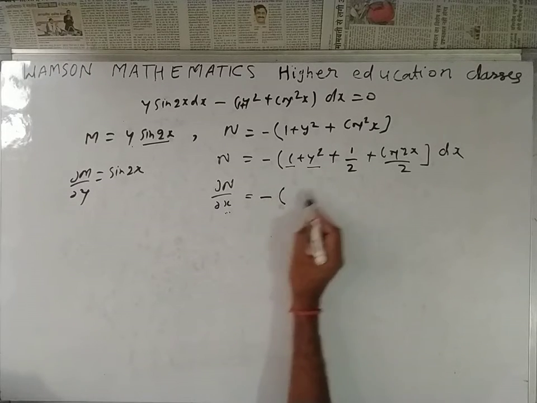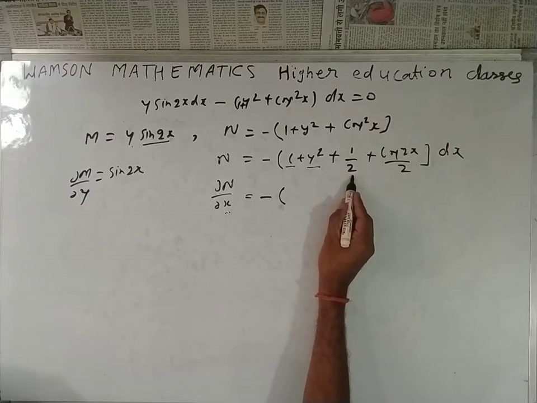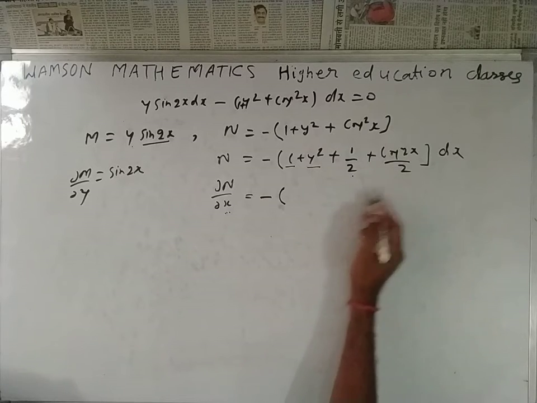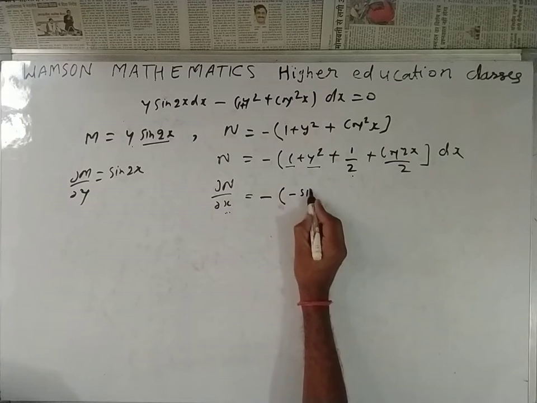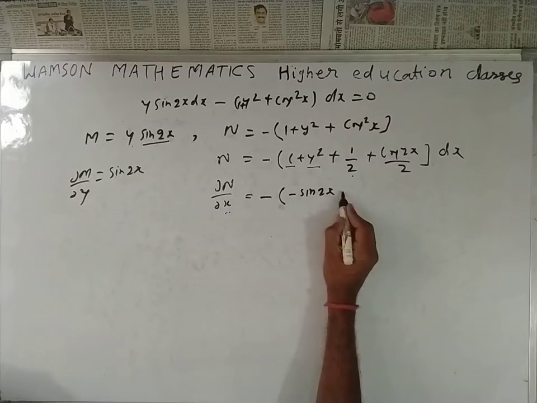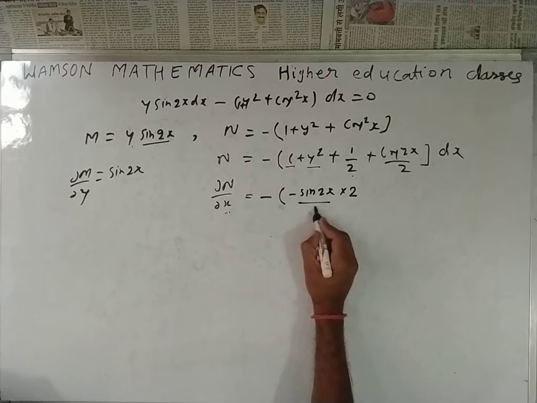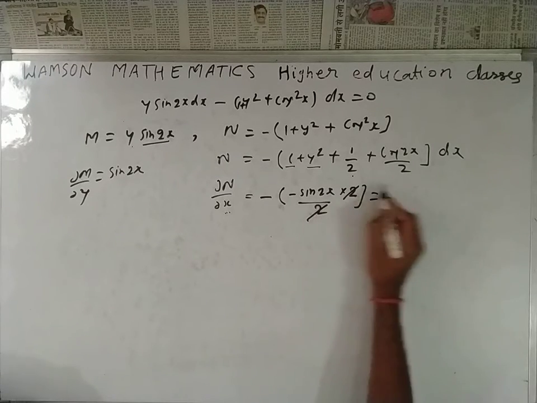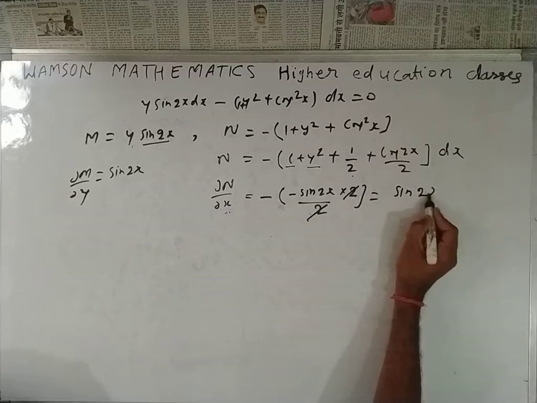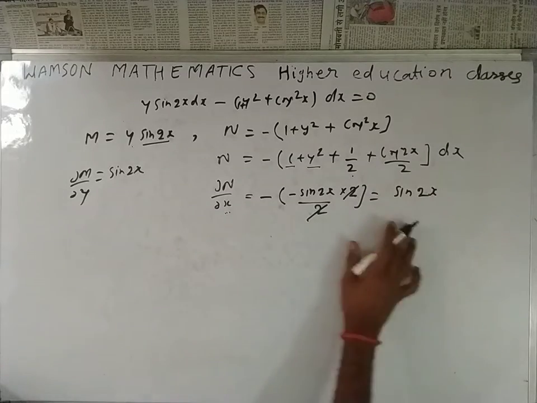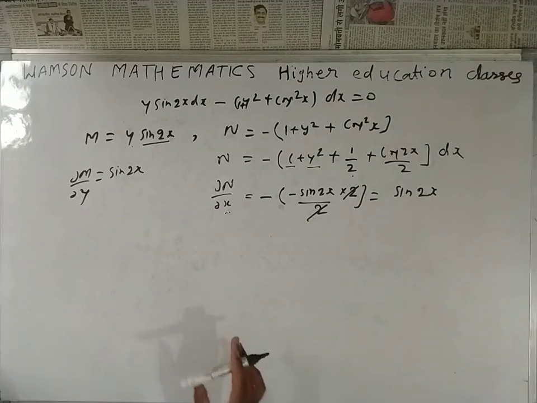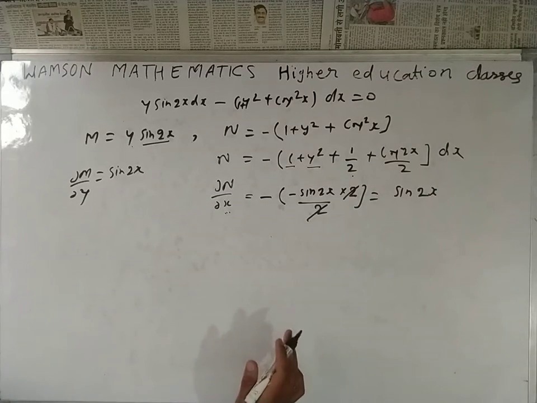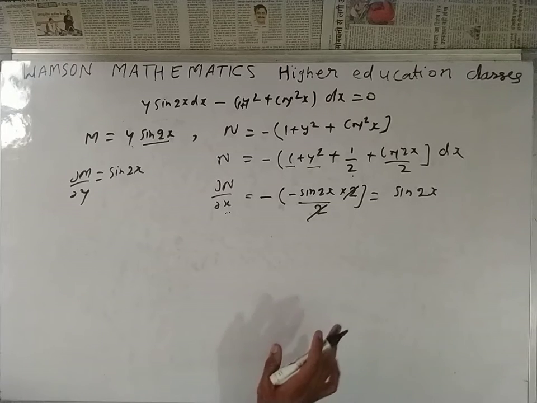The negative times this is also 0, and here cos 2x gives minus sin 2x, and 2x into 2, divided by 2, so this cancels out and becomes positive sin 2x. So both terms are equal, so we can say the given differential equation of first order, first degree is exact.